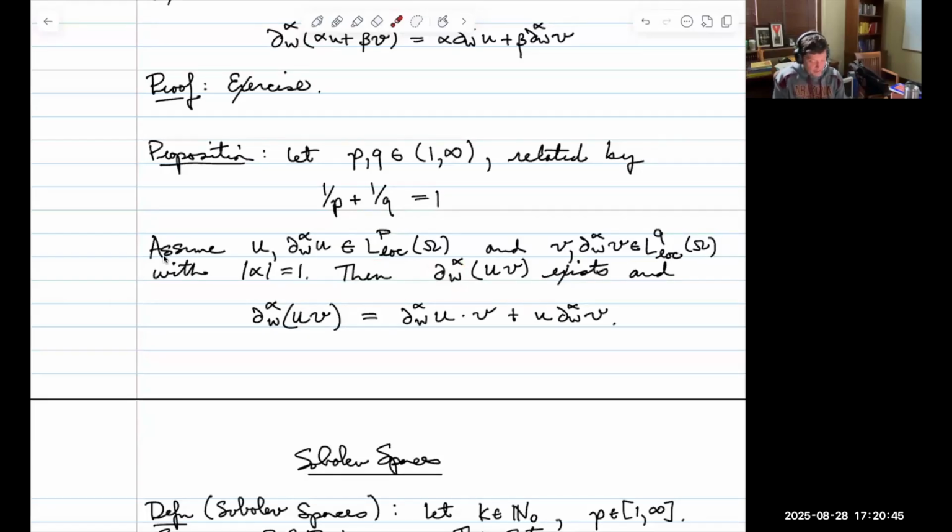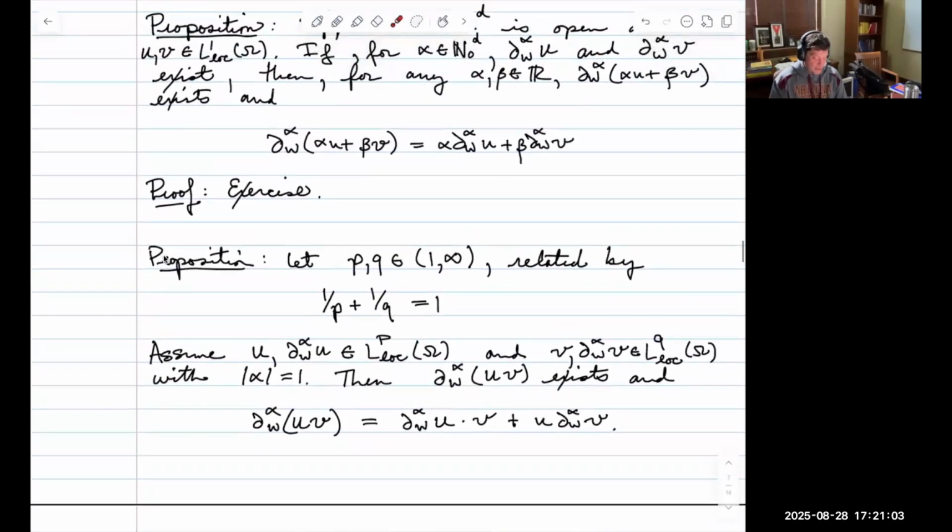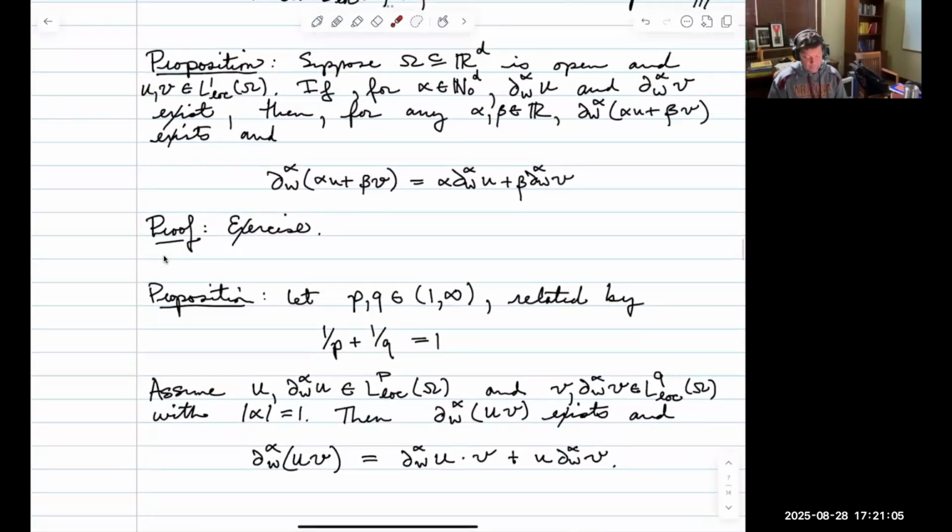The formula is that the derivative of the product is the derivative of the first times the second plus the first times the derivative of the second. Those are two standard properties that one would expect for classically differentiable functions, and they hold in the weakly differentiable case as well.